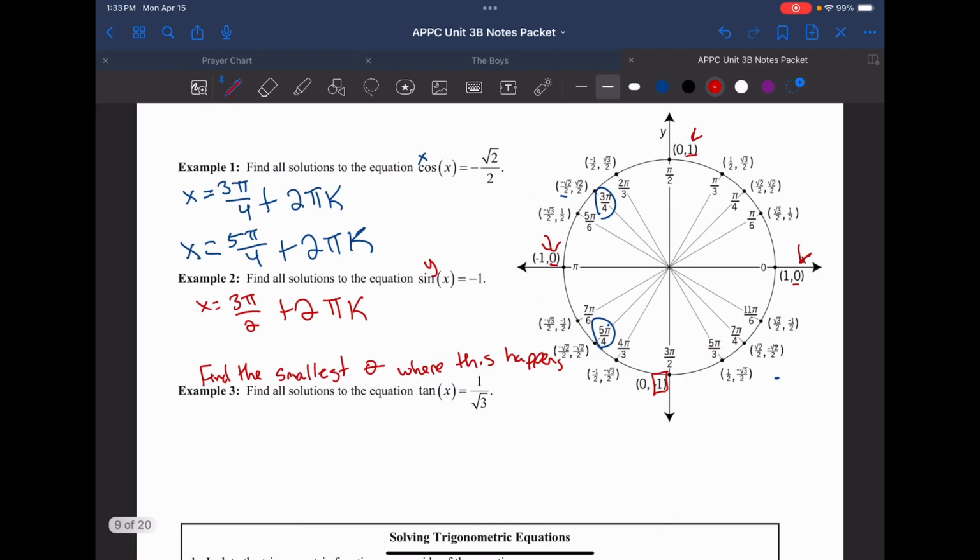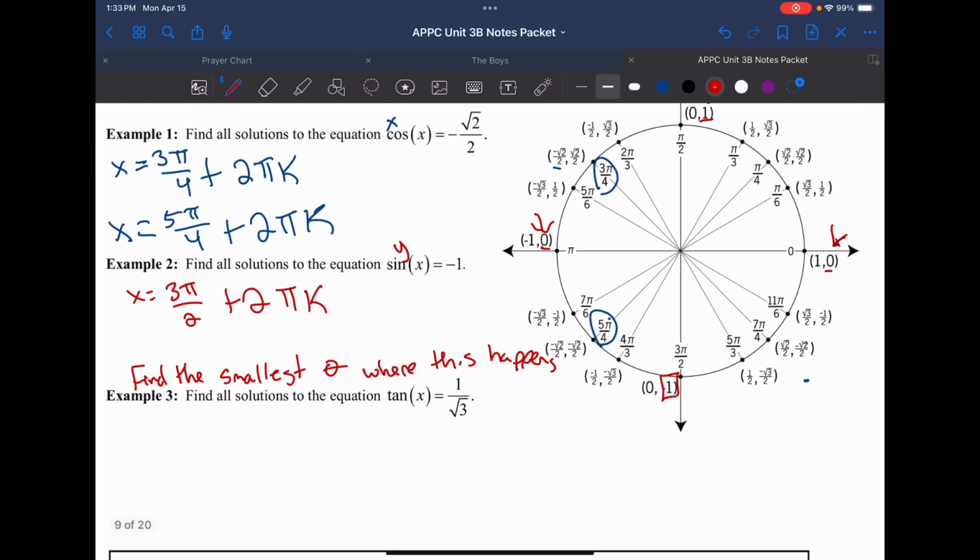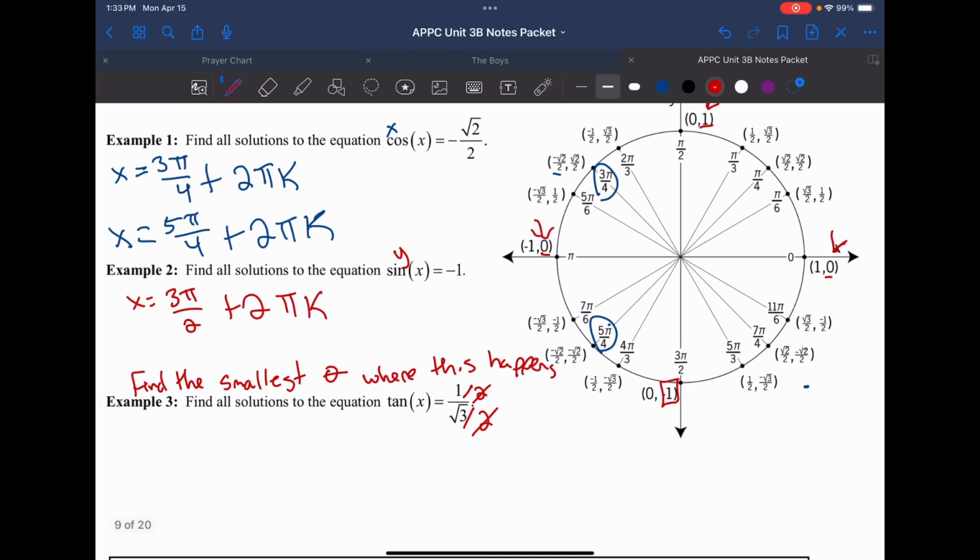It's going to capture both. So when you see 1 over square root of 3, this is saying 1/2 over the square root of 3 over 2, because the 2's will cancel out. And that happens right here. So I can say x equals pi over 6.